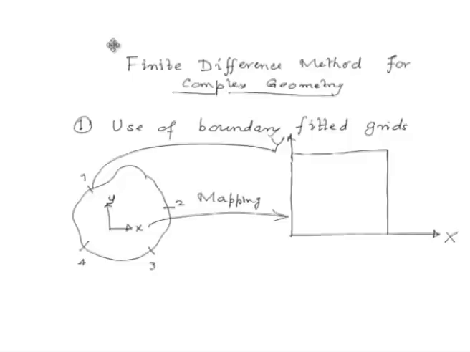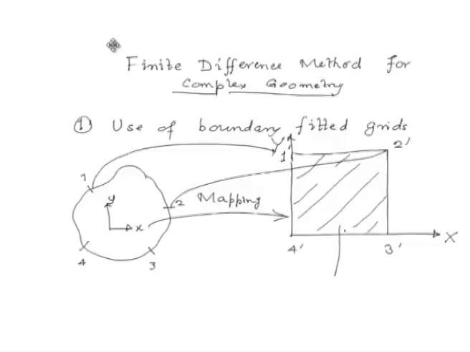Let us say 1 goes to 1 prime, 2 goes to 2 prime, and so on, 3 prime and 4 prime, and this square or rectangular domain which we have got is what becomes our computational domain, over which our finite difference equation has to be solved.